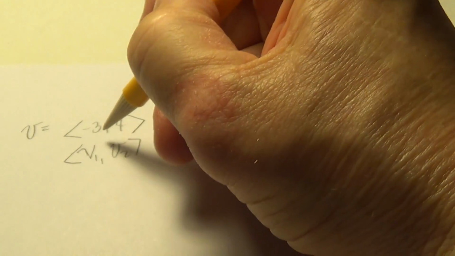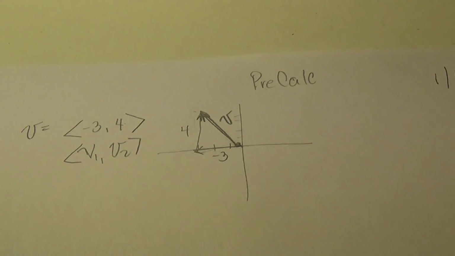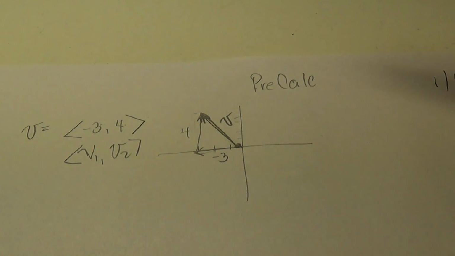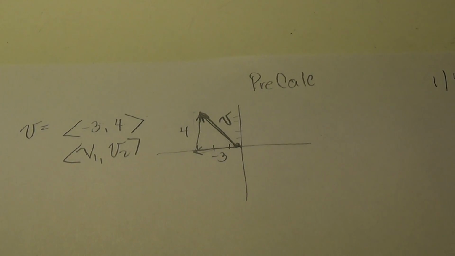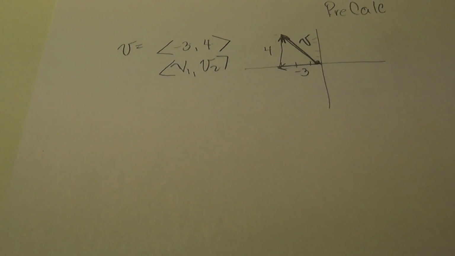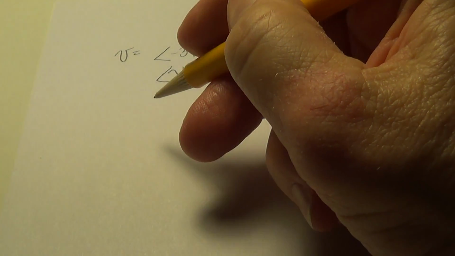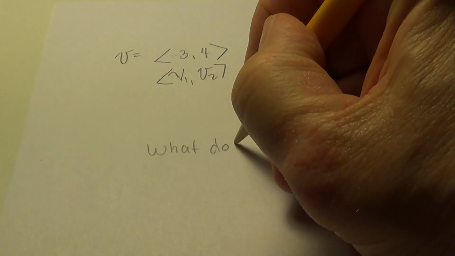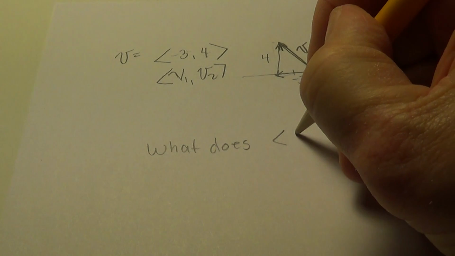Just so happens that we know them. In this case, we know V1 is -3 and we know V2 is 4. Alright, so today I want to go off of that and let's talk about what this vector looks like.